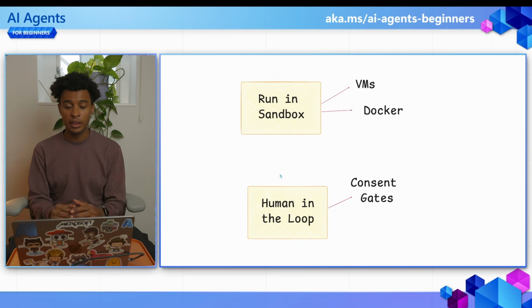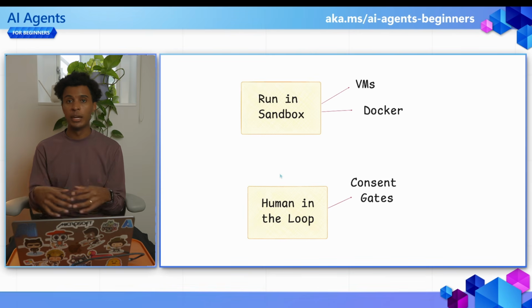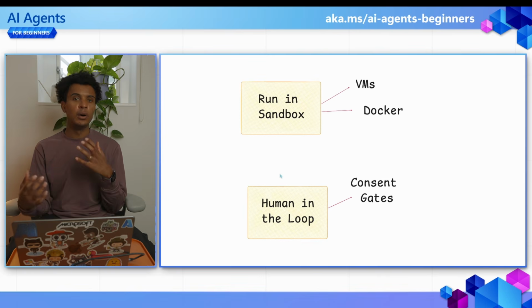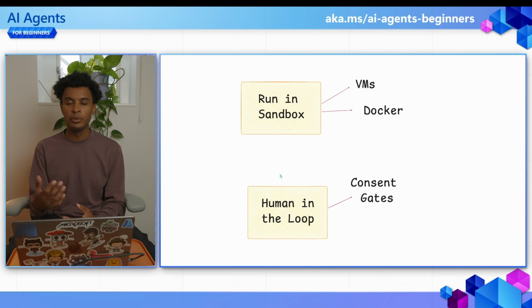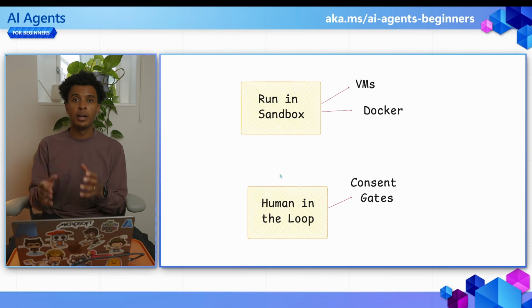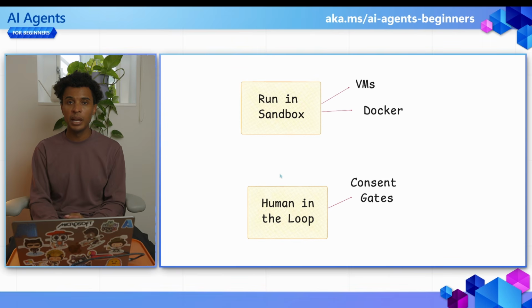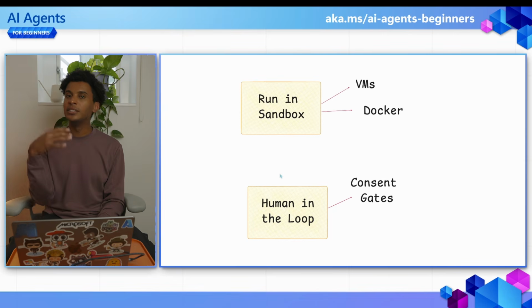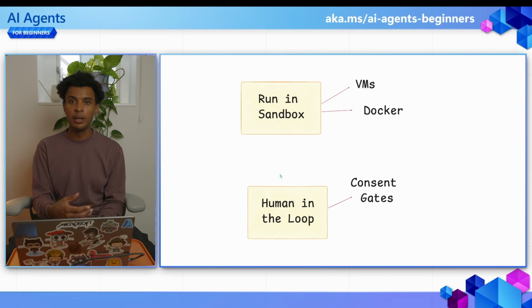The last part is around the human in the loop. It's something we've covered already in this course, around building responsible AI agents, but it's even more important when we're talking about confirmations. You can build things called consent gates, where whenever the agent is prompted by an application or a website that needs some sort of consent, confirmation, or data, the agent doesn't continue on without a human approving that.